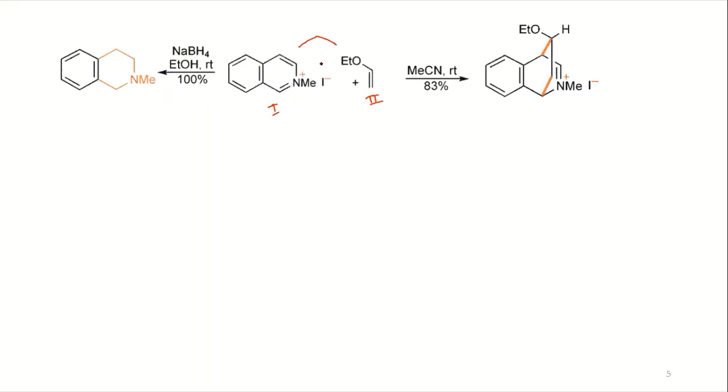Between these two, which one do you take as HOMO and which as LUMO? First one is HOMO, second one is LUMO. Any other answer? Anybody opposing, or everybody is agreeing with it?